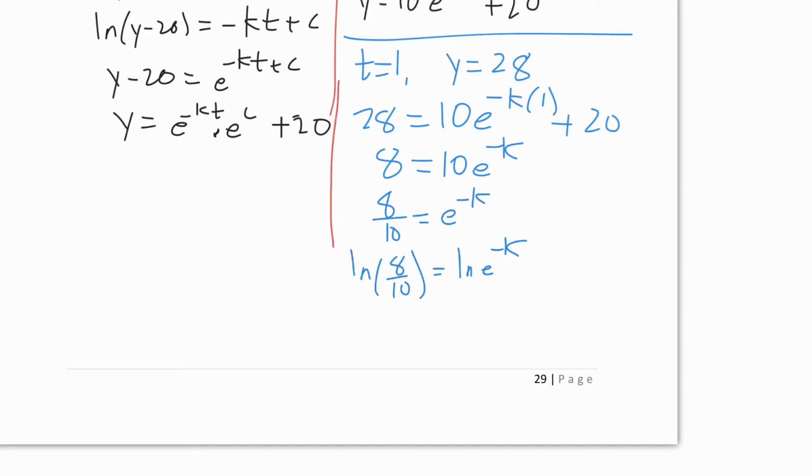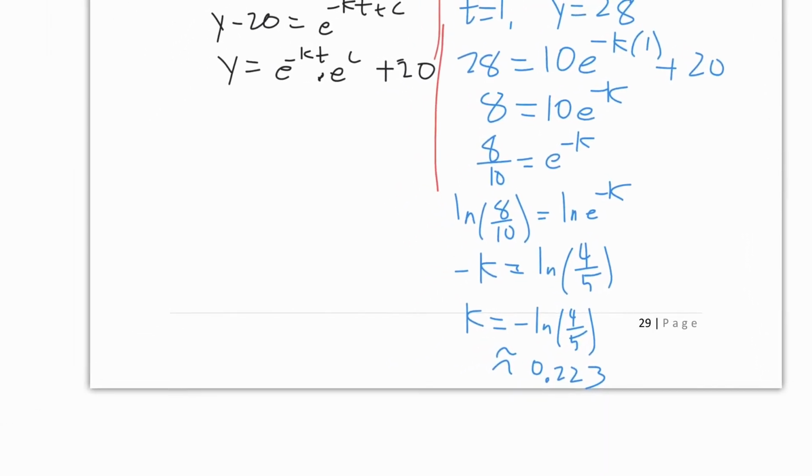And so we get negative k is equal to ln, maybe I'll simplify that to 4 over 5. And so k is equal to negative ln of 4 over 5, which you can check on your calculator, will give you approximately 0.223.